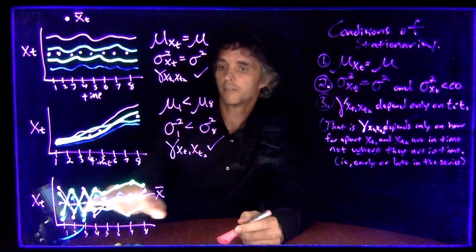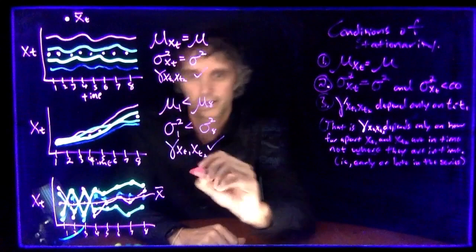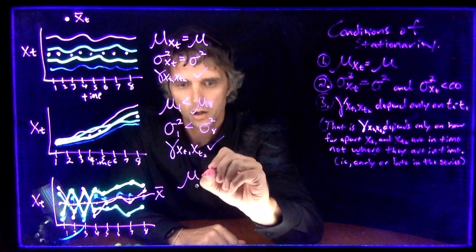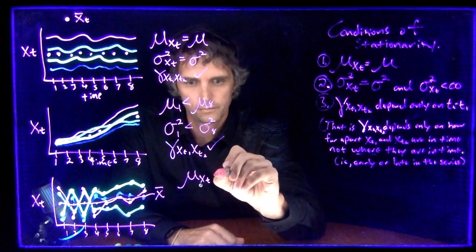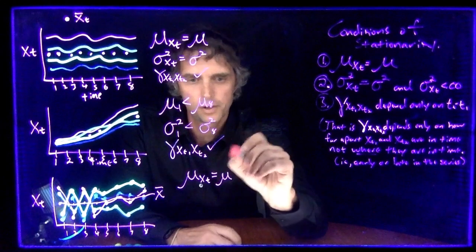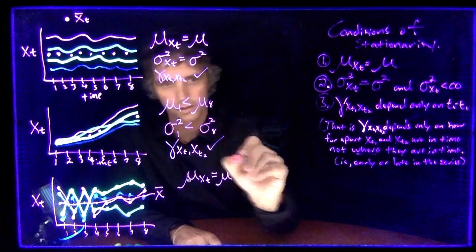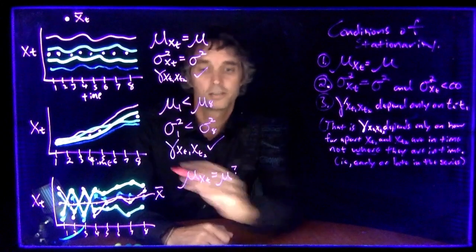And say, well, there is some evidence that it's increasing over time, but it's not increasing very much. Maybe that could happen by chance if mu xt was equal to mu. But maybe we just put a question mark there because it does look like there's some evidence of it going up and down, but that's probably pretty consistent with the means being the same.